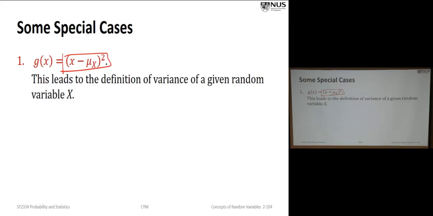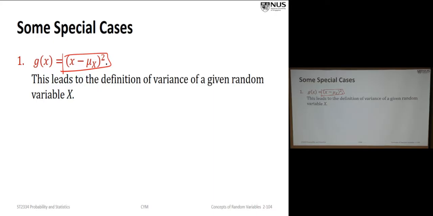Now, what does it mean? It means that we are talking about how far x is from its center, its expected value. X minus mu x. That's the difference between your value x and what you expect. All right?